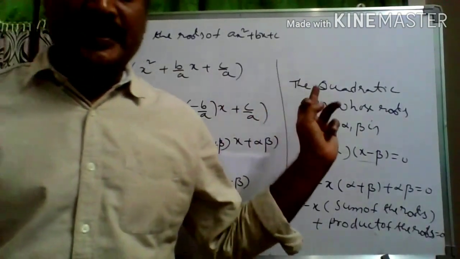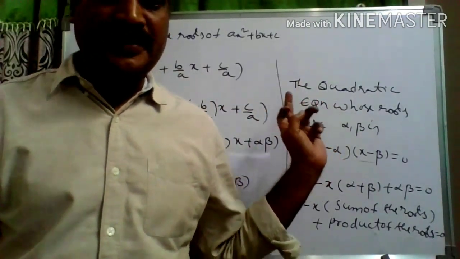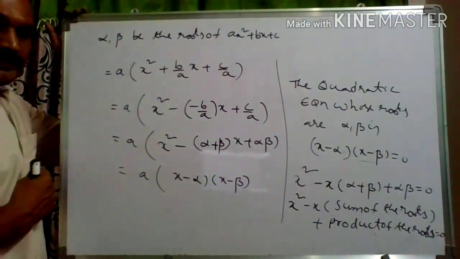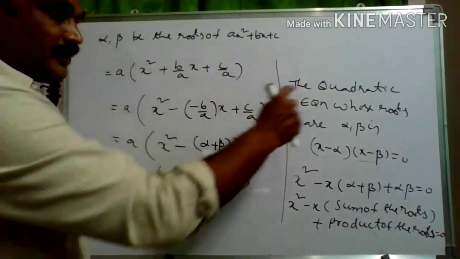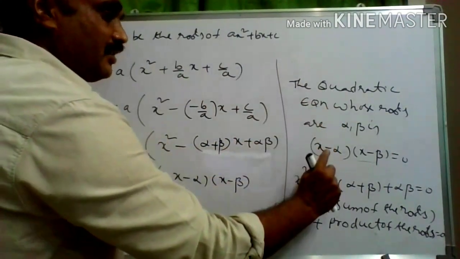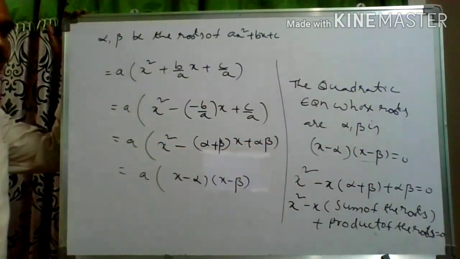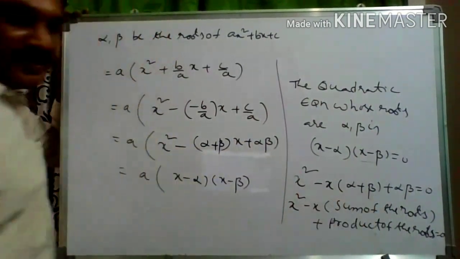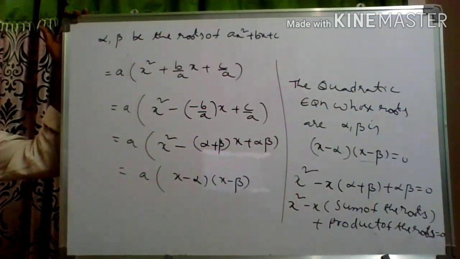Suppose alpha square, beta square are the roots: the equation is x minus alpha square into x minus beta square is equal to 0. If alpha, beta are the roots, the quadratic equation is x minus alpha into x minus beta is equal to 0, or x square minus x into alpha plus beta plus alpha into beta is equal to 0.